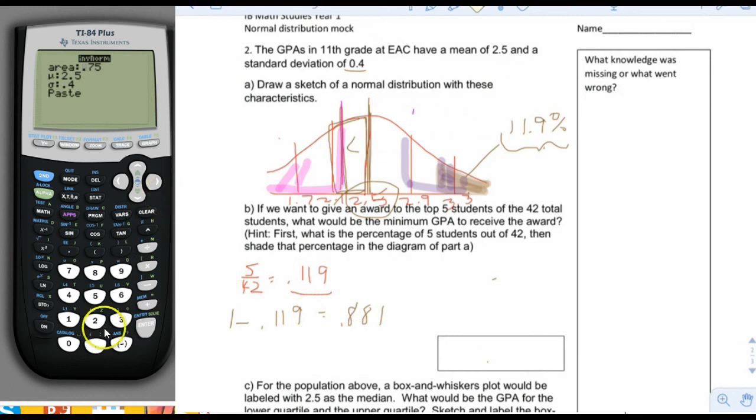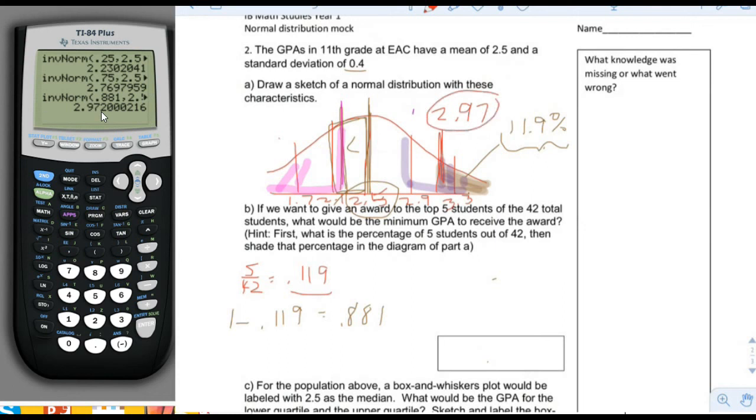It's 88.1%, right? 0.881, and then the mean is 2.5, and the standard deviation is 0.4. And this will give us the line that goes between the brown area and the transparent area. And the line is 2.97. So the GPA which divides the top 5 performers from the rest is 2.97. Okay? And that's the answer.